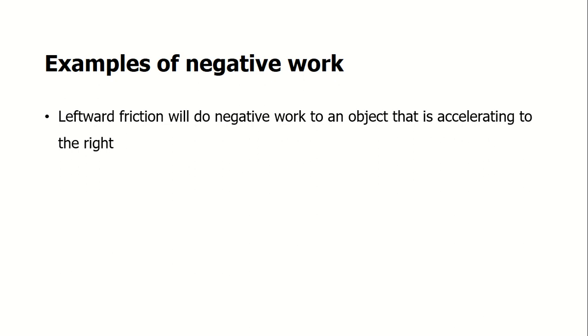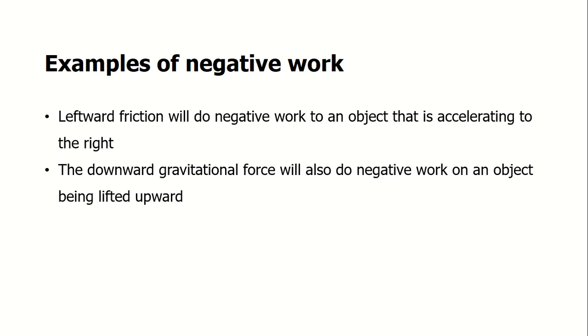Okay, so there are two horizontal forces present. One is the applied force causing the positive work, another is the frictional force, but the frictional force is causing negative work since its action is opposite the displacement. The downward gravitational force will also do negative work on an object being lifted upward.